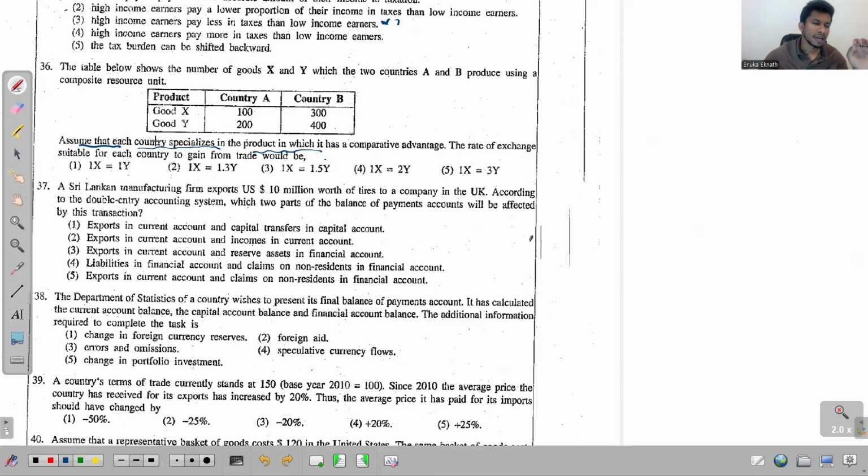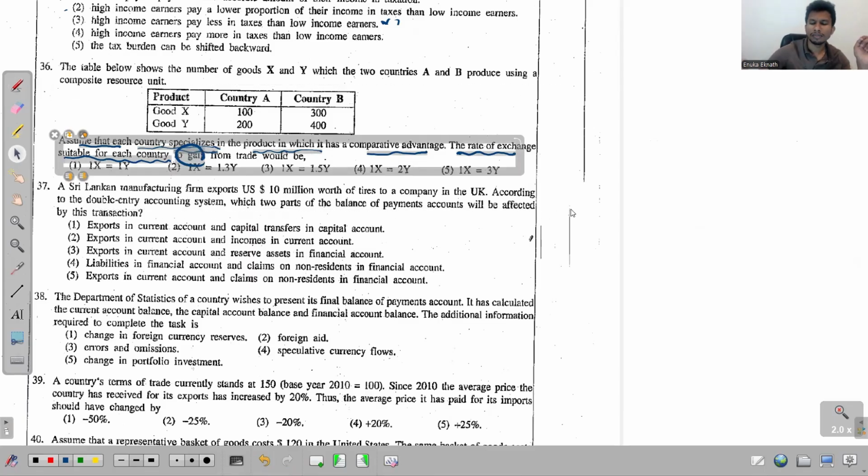They just say that the countries have calculated their own opportunity cost and they have recognized their comparative advantages. So they are specialized in producing the product in which they have the comparative advantage. So what do they ask? They ask the rate of exchange suitable for each country to gain from trade.